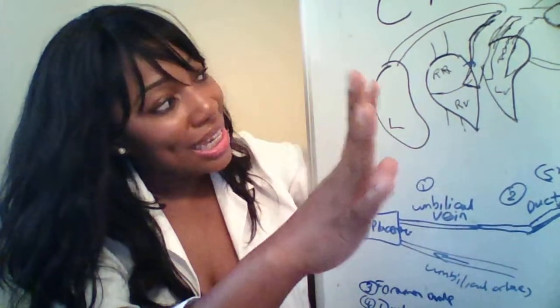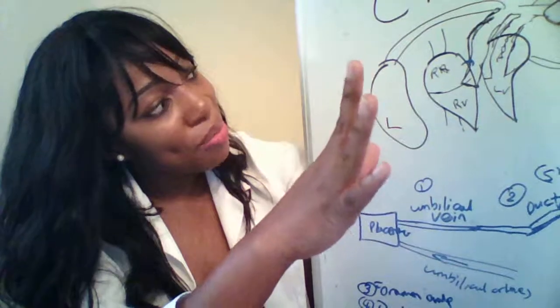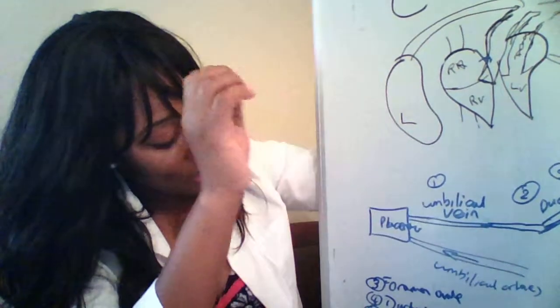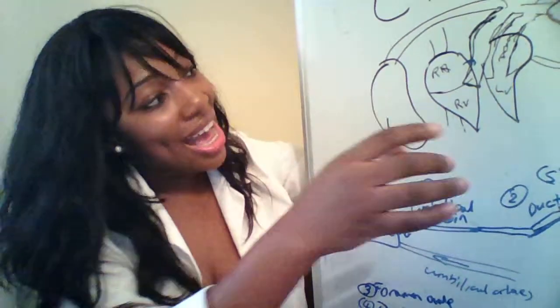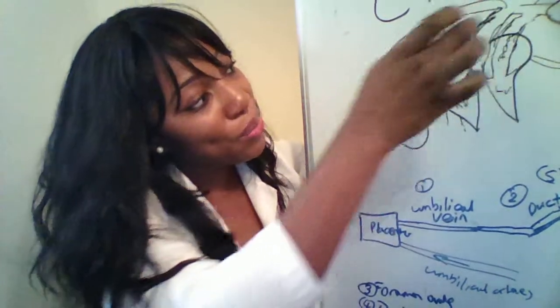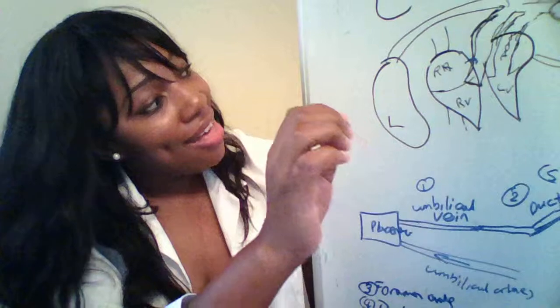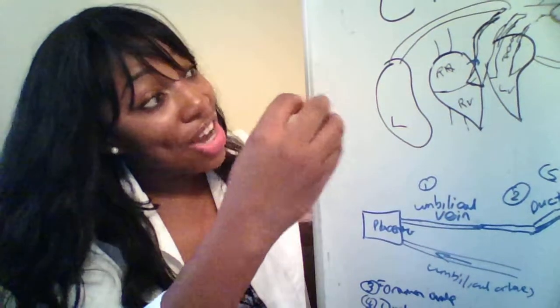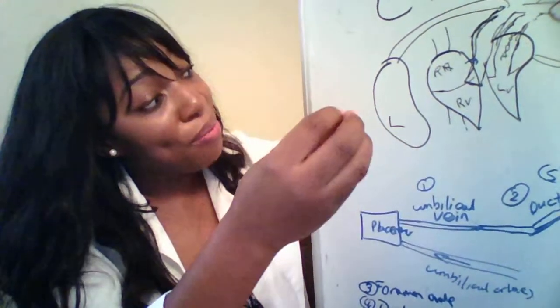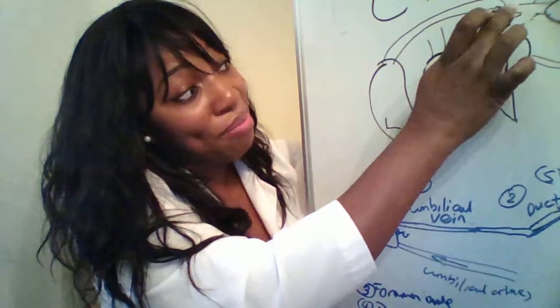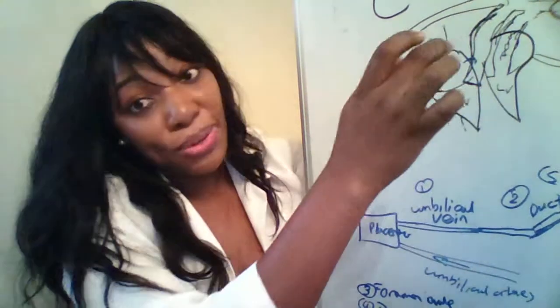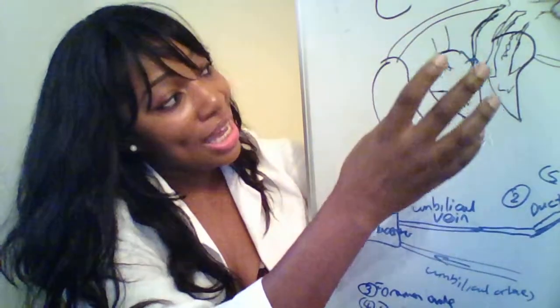The fourth adaptation that fetuses have is another important one called the ductus arteriosus, and it's basically a duct between the aorta and the pulmonary artery. That allows the oxygenated blood to flow directly into the aorta, because remember, fluid usually flows from a high pressure area to a low pressure area.